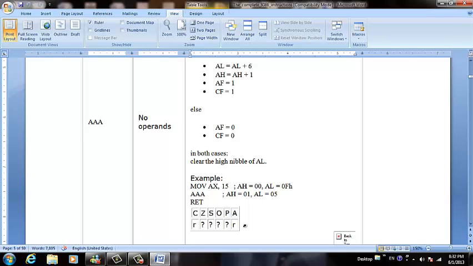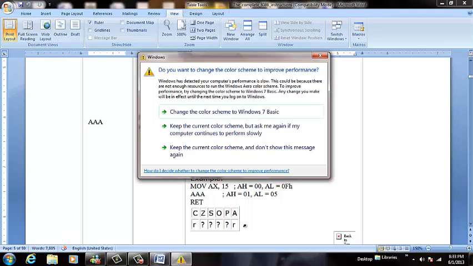So when we want to add 2 plus, say, 4, in fact, inside the computer, it will be added as 32 plus 34, because 32 is the 2 and 34 is the 4. The addition will be, say, 66. But, in fact, we need the result to be 6. ASCII adjust for addition will convert the 66 to 6.